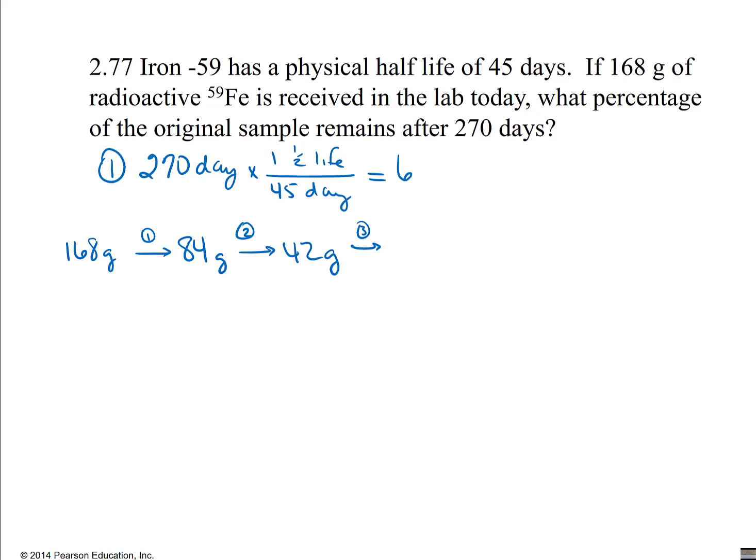Third half-life. Fourth. 5.25. And one more.